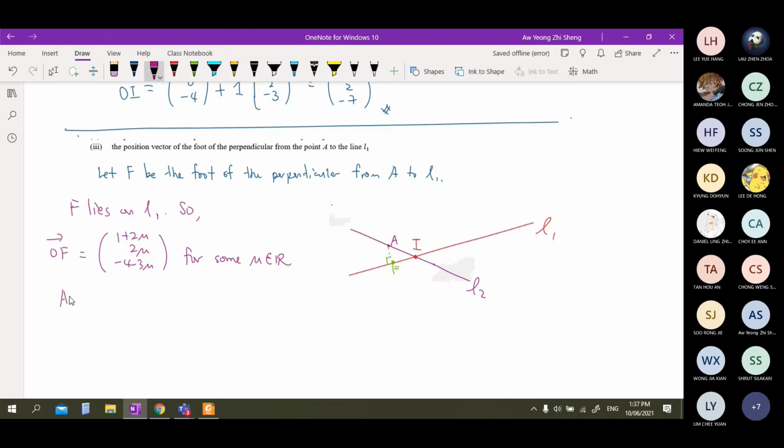Construct the vector AF or FA, whichever you prefer, OF minus OA.